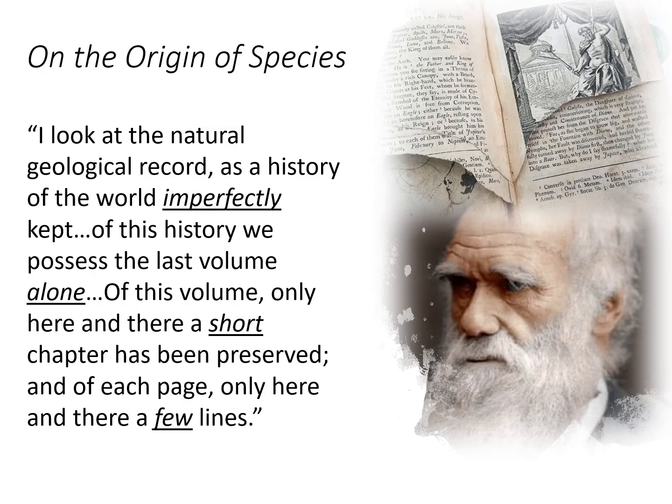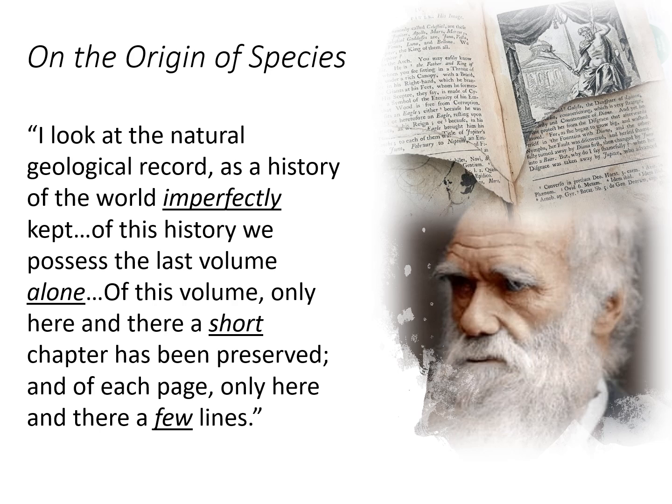This idea was best exemplified by Charles Darwin, in On the Origin of Species, published in 1859. He has this quote: I look at the natural geological record as a history of the world imperfectly kept. Of this history, we possess the last volume alone.